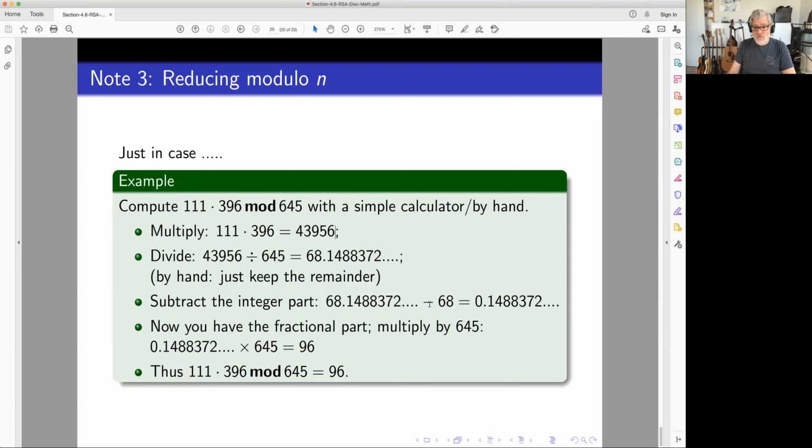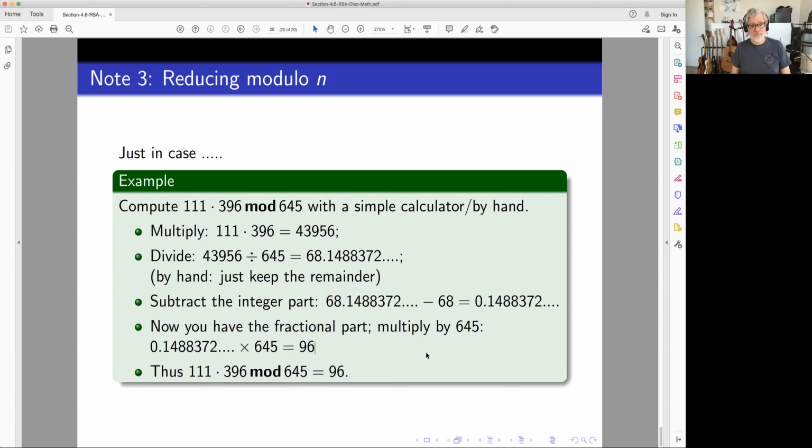So you remove the integer part, that's the 68, and you're going to get 0.14, blah, blah. Multiply by 645, you get 96. That's your remainder. That's what you want. If you're doing problems with a calculator, that's exactly what you're doing when you're reducing mod 645.